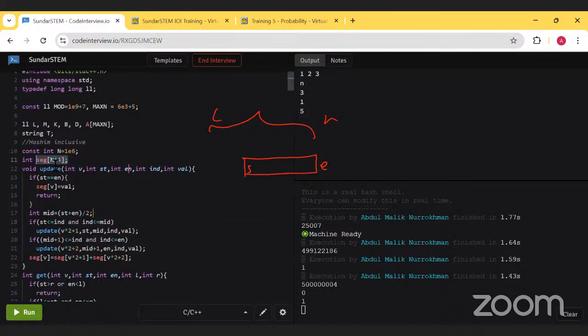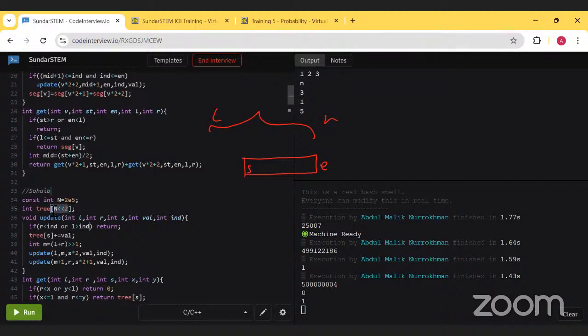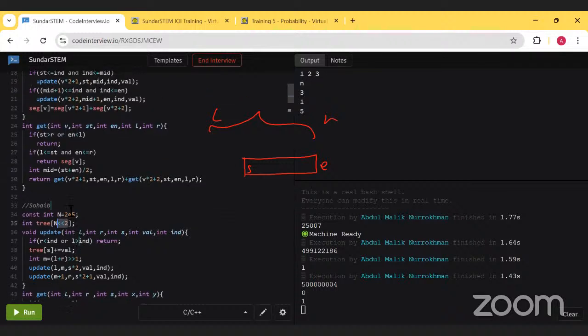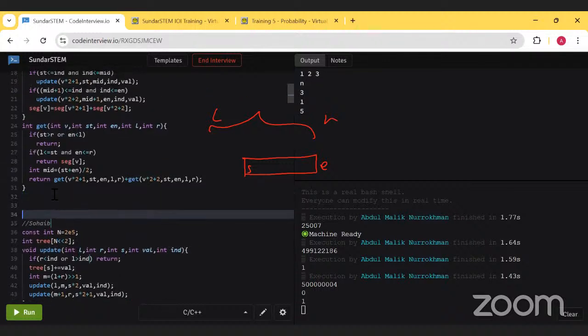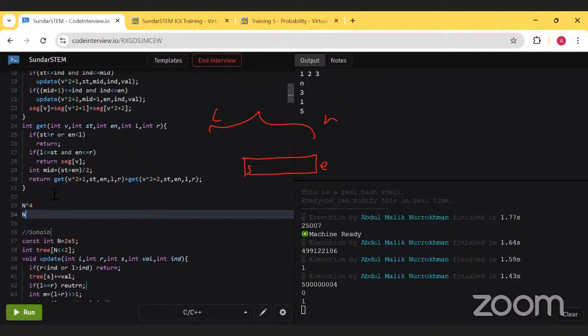Yes, this is n times 4. And this is faster than times 4. We can shift left too. So this is the slowest, and then this is the faster way.